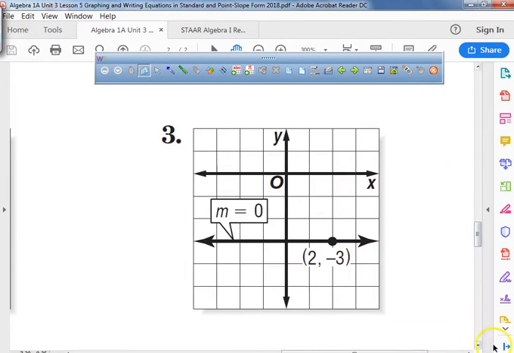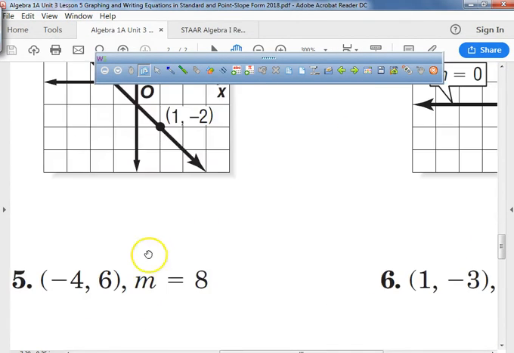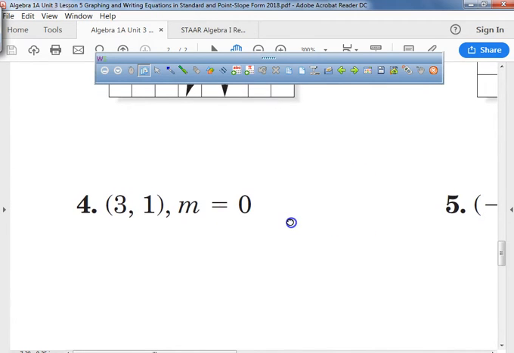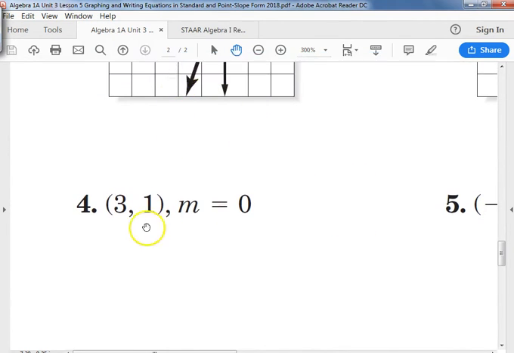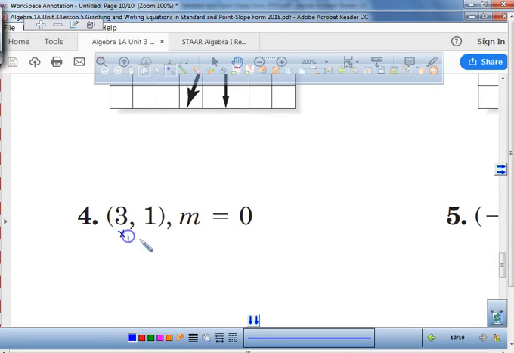All right. Let's go ahead and look at problem number 4. Problem number 4. What did they give us? They gave us our x1 and our y1, and they gave us our slope. Go ahead and write your answer for that one, okay? I'm pausing the video and checking.